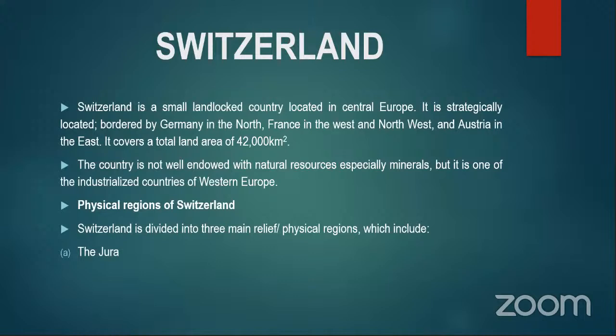We have the Alps, we have the Jura, and the third one is the Central Plateau, or what we can call the Swiss Plateau. So these are the 3 physical regions that make up the relief of Switzerland.